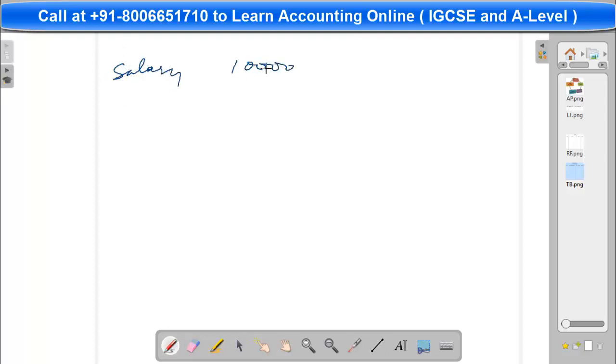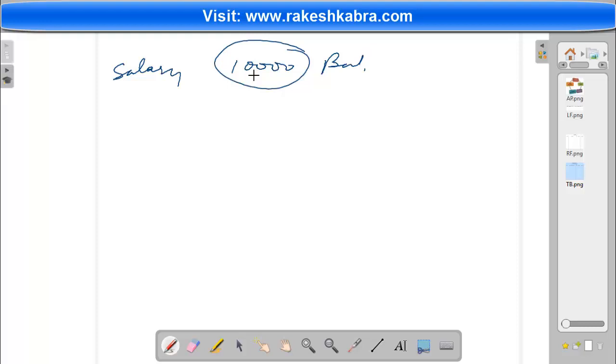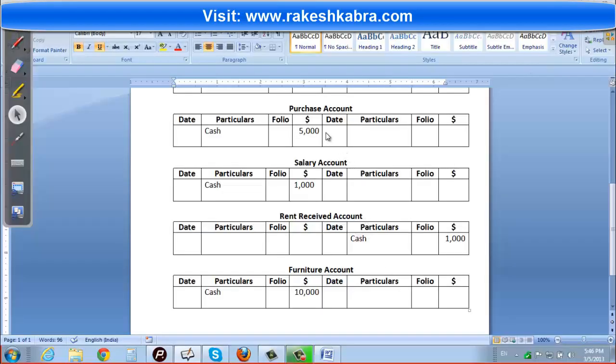This is the amount of balance. We don't know whether it is debit balance or credit balance, and at the top you do not have the account either. This type of account is also not given in the question. Getting my point? Listen again.